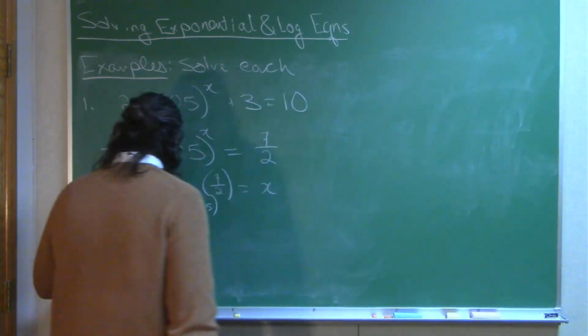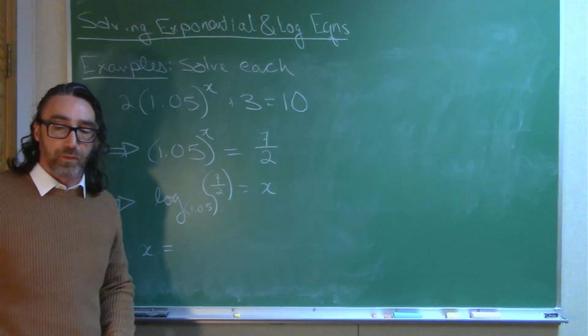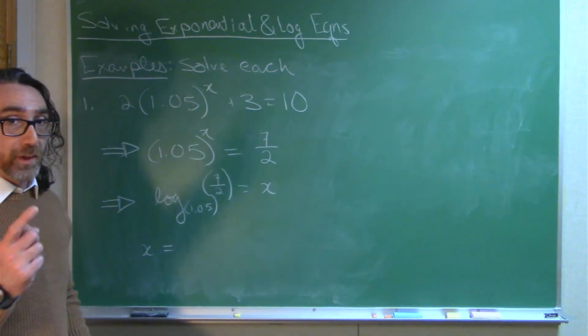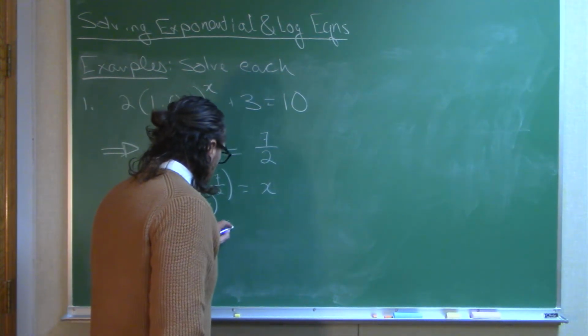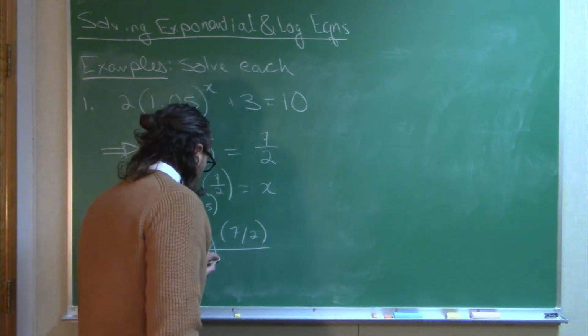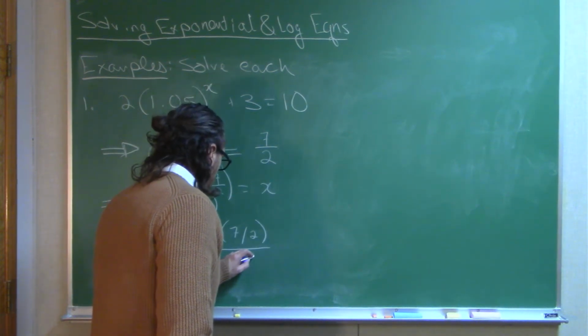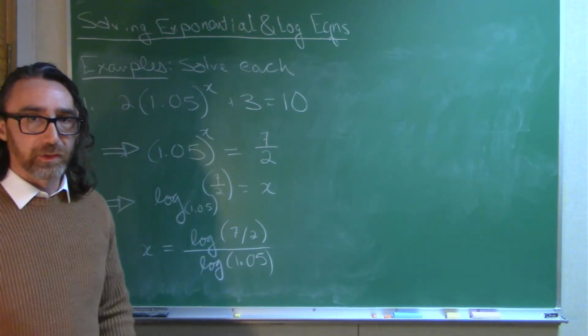All right, so I can evaluate this. I don't have a log base 1.05 button on my calculator, but we do have the change of base formula. So I can do log of 7/2 and divide that by log of 1.05. Okay, that's easy enough.